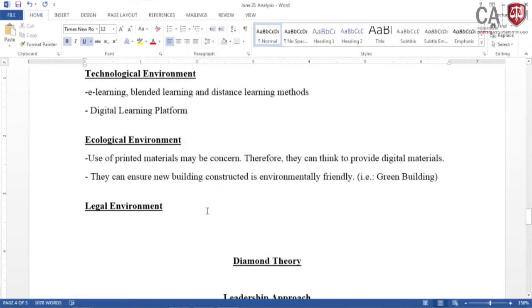For example, the Workmen's Compensation Act will be applied if they decide to terminate the job of some employees under this voluntary retirement scheme. Termination of employees should adhere to this.